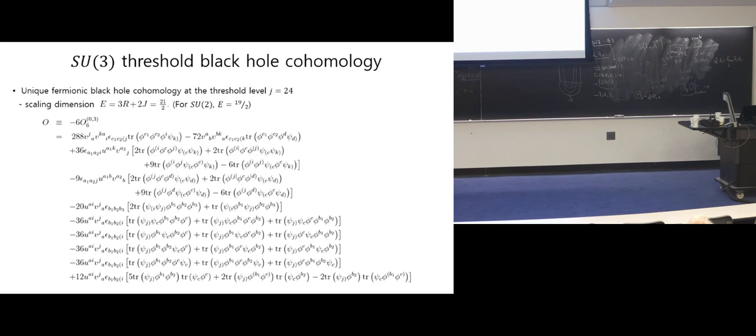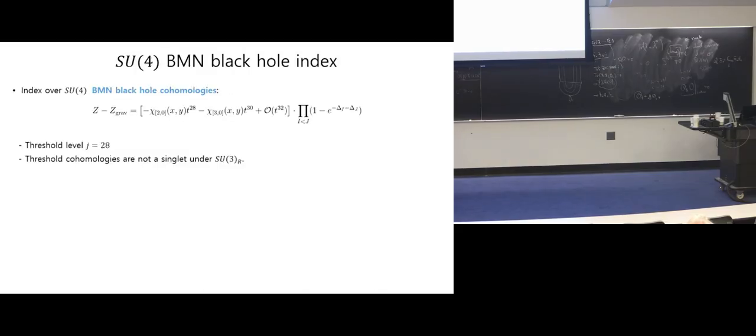We constructed this operator, and it happens that the index charge, the threshold level, is equal, but the scaling dimension is larger than the threshold operators in SU2 theory. And you can try to do similar analysis for SU4, but it is technically more and more difficult, and we could just find these two non-trivial terms in the fortuitous index. One funny thing is that threshold cohomologies now are not a singlet under SU3.